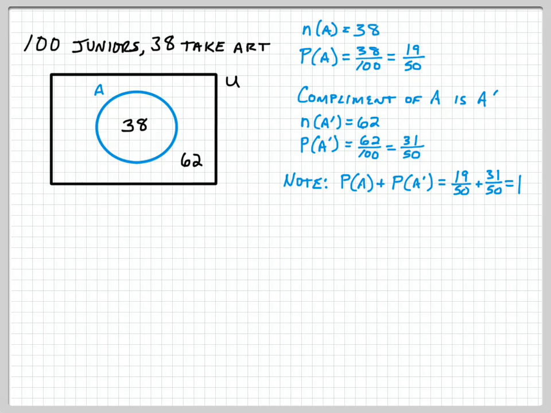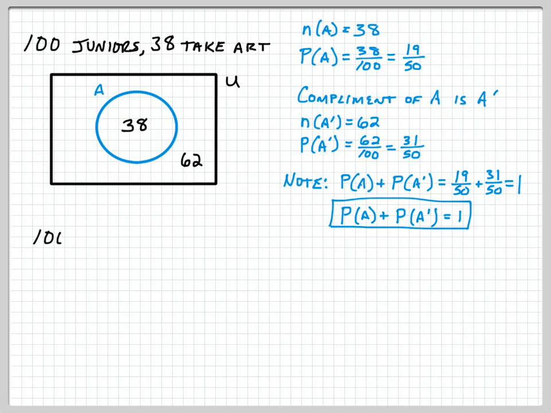And that makes sense based on the visual that we've given here. But something to keep in mind is that P of A plus P of A prime, the probability of A plus the probability of A prime, not A, is equal to 1. This is kind of a fundamental rule of probabilities, that the complements of each other add up to 1.